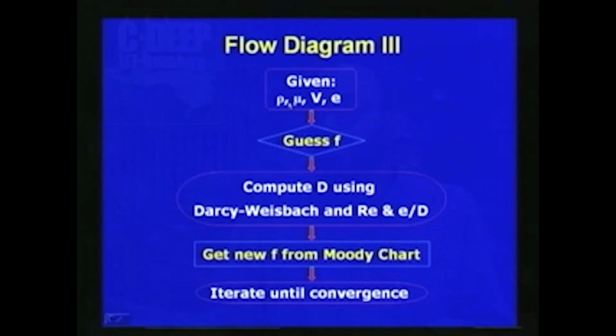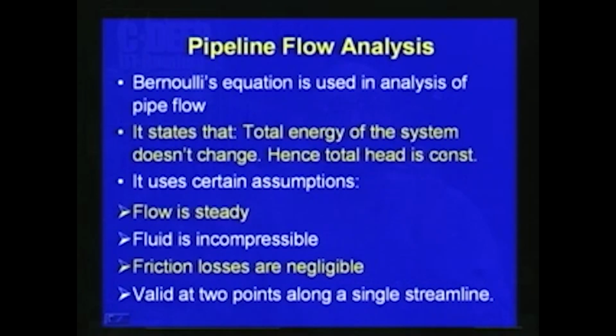Given rho, mu, V and e, we guess a value of f, the friction factor, and then compute D using the Darcy-Weisbach equation, and then the Reynolds number and e by D are known. With respect to this, we go to the Moody's chart and find the friction factor, and then we iterate again until convergence. So this is the flow chart for the type 3 problem.